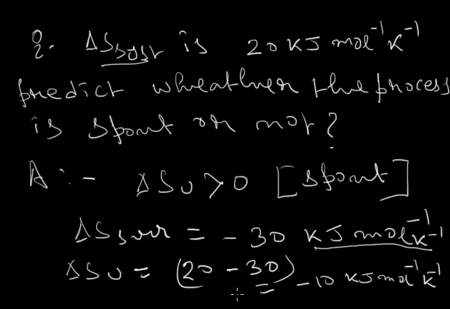So, if entropy change of the system is positive, but entropy change of the surrounding is negative, and the magnitude of entropy change of surrounding is greater than the system, then the process is non-spontaneous. Or if the entropy change of the surrounding is also positive, then we can definitely say the process is spontaneous.